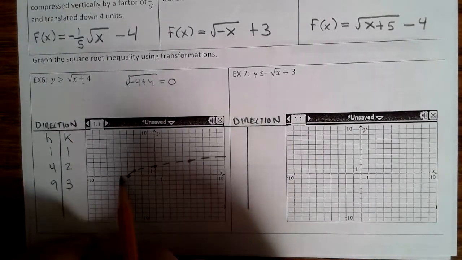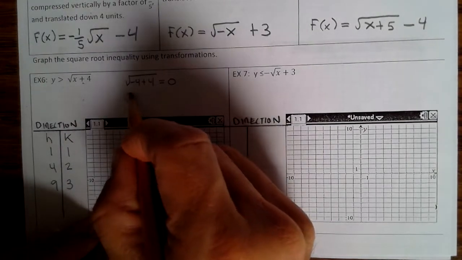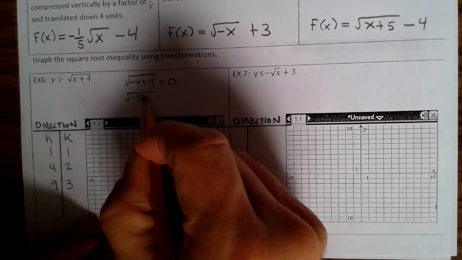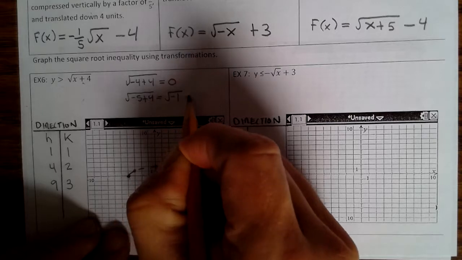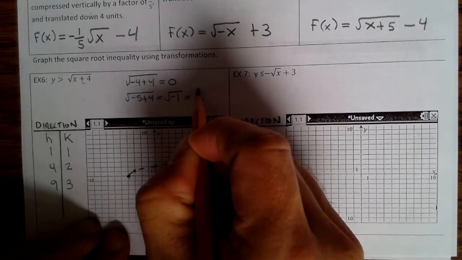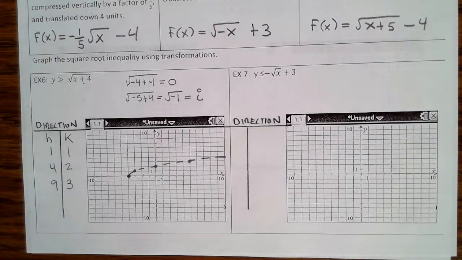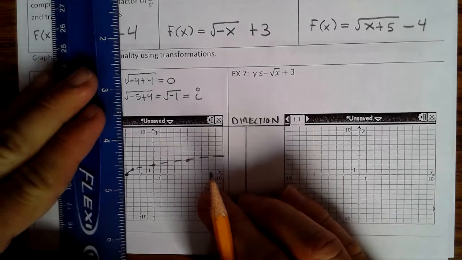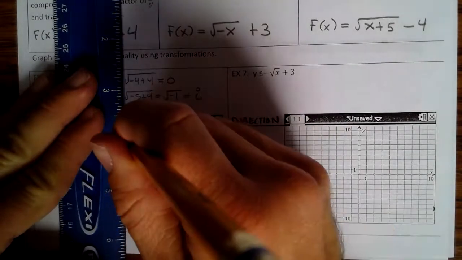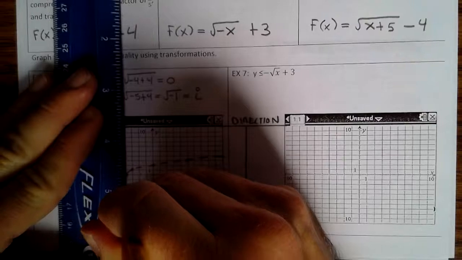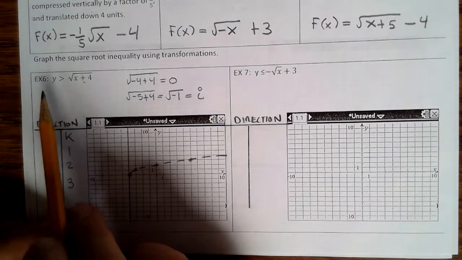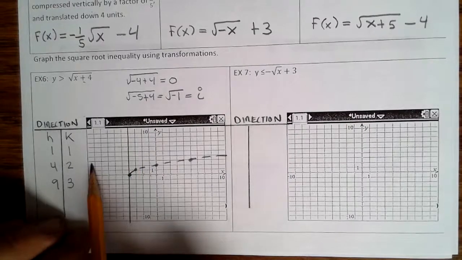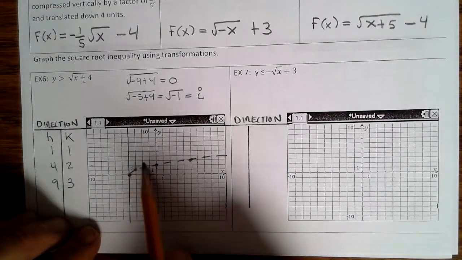But if x is negative 5, that's the square root of negative 5 plus 4, which is the square root of negative 1, which is an imaginary number. So we can't go past x equals negative 4. Okay. So when it's greater than, we shade above, but we can't shade to this side.